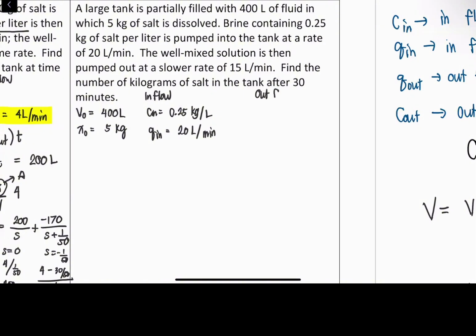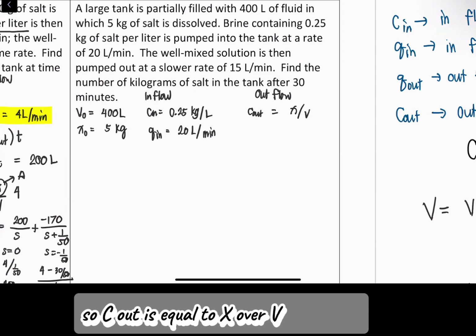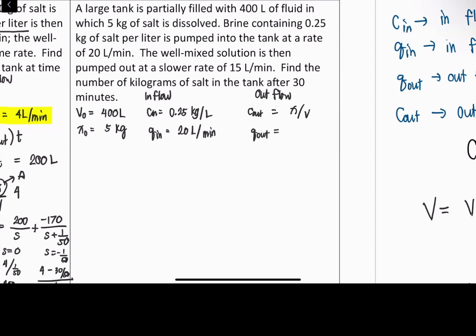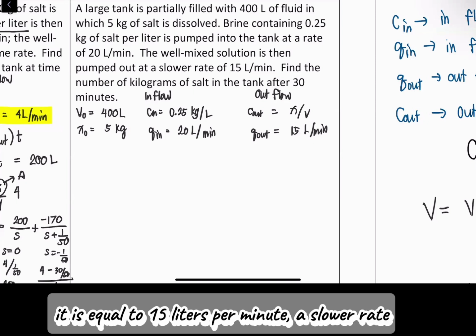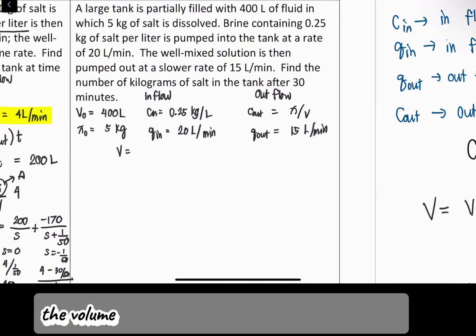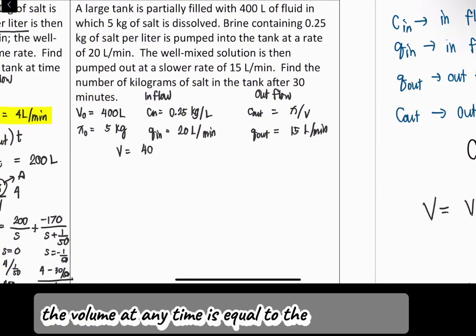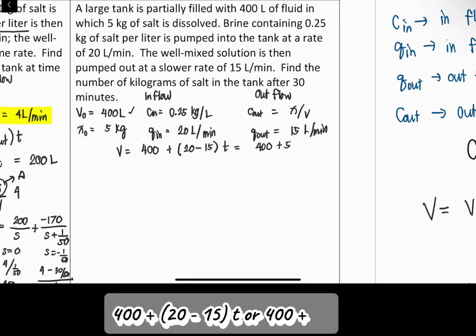For outflow, C out is equal to x over V, while Q out is equal to 15 liters per minute, a slower rate. So the volume at any time is equal to the initial volume 400 plus 20 minus 15, or 400 plus 5t.